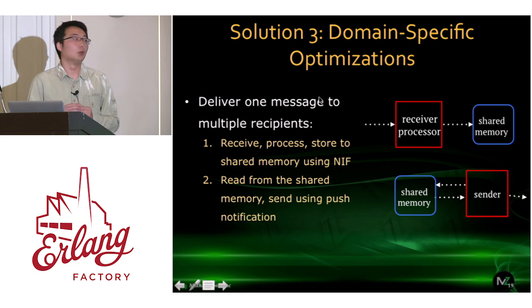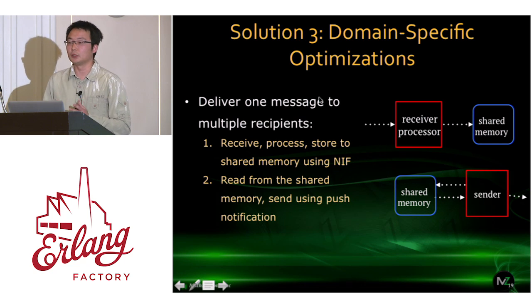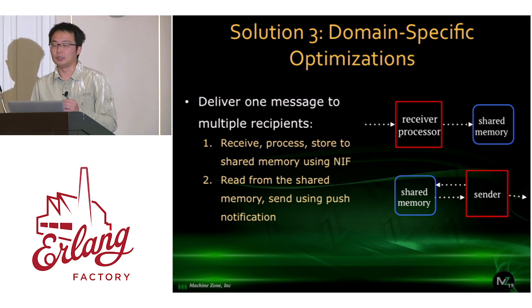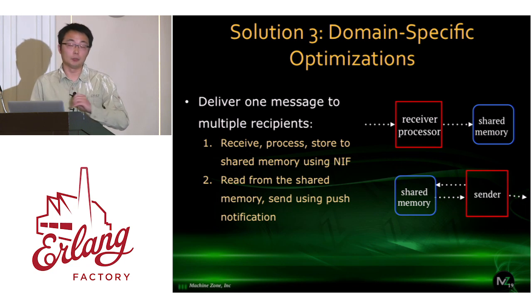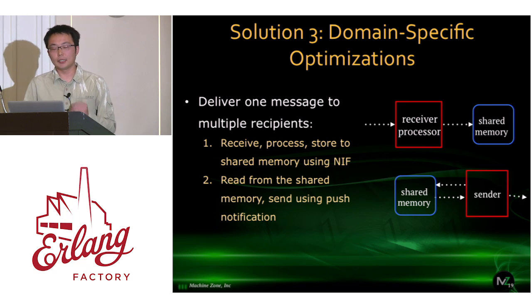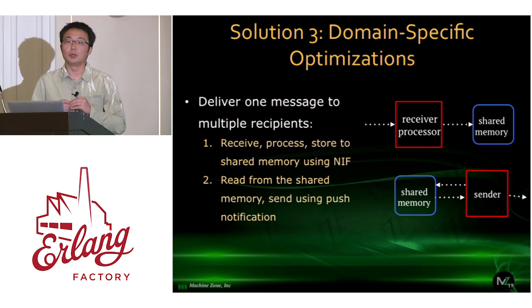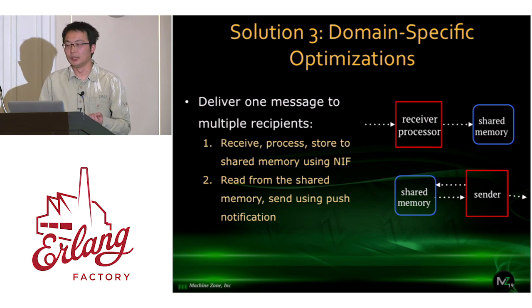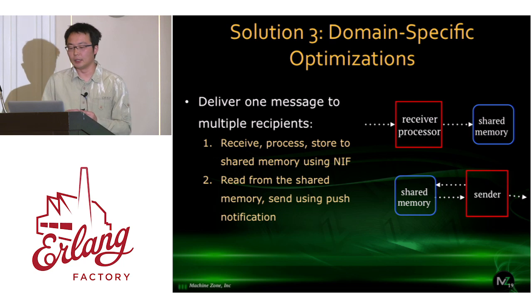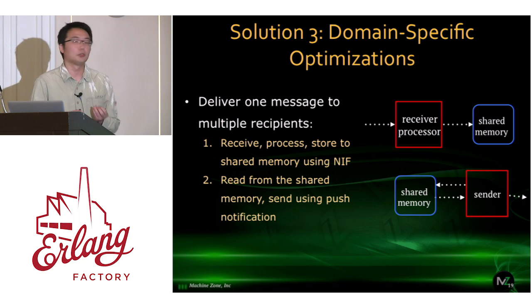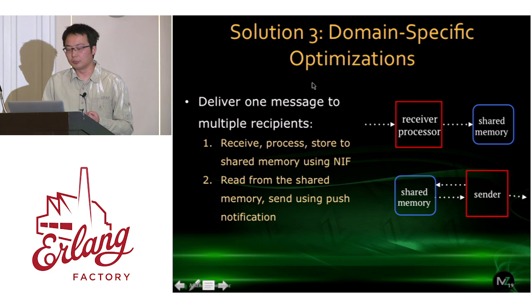So for example, in our project, we have an application where one processor is delivering a lot of messages to multiple recipients. In this kind of setup, we have a situation of one writer and multiple readers, and we can explore some more efficient lock-free data structure.